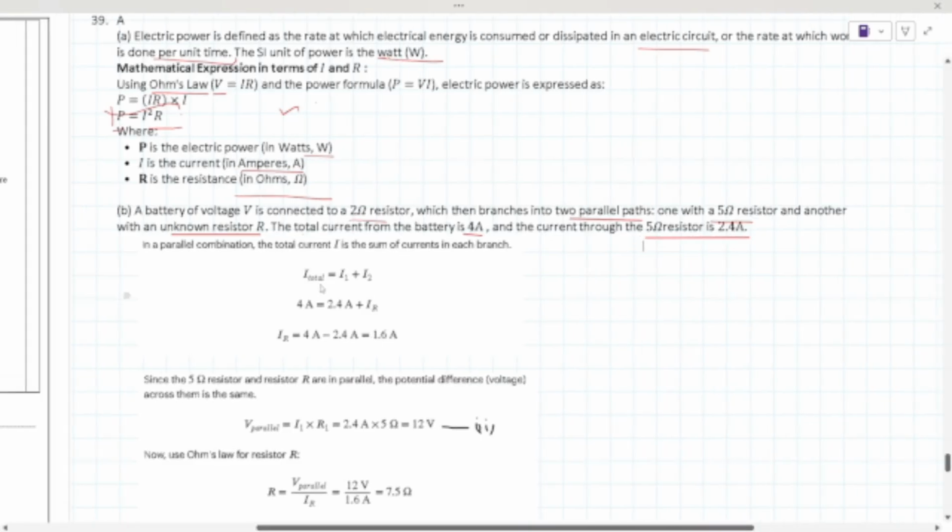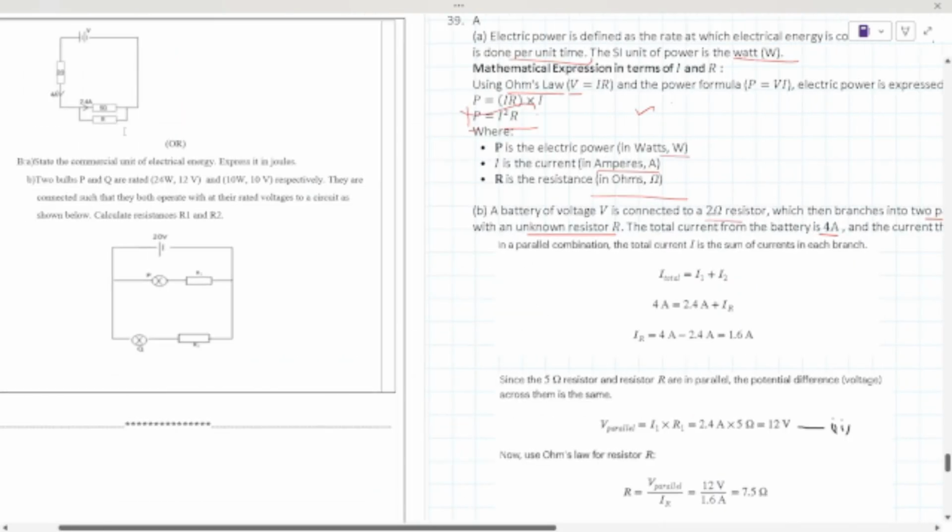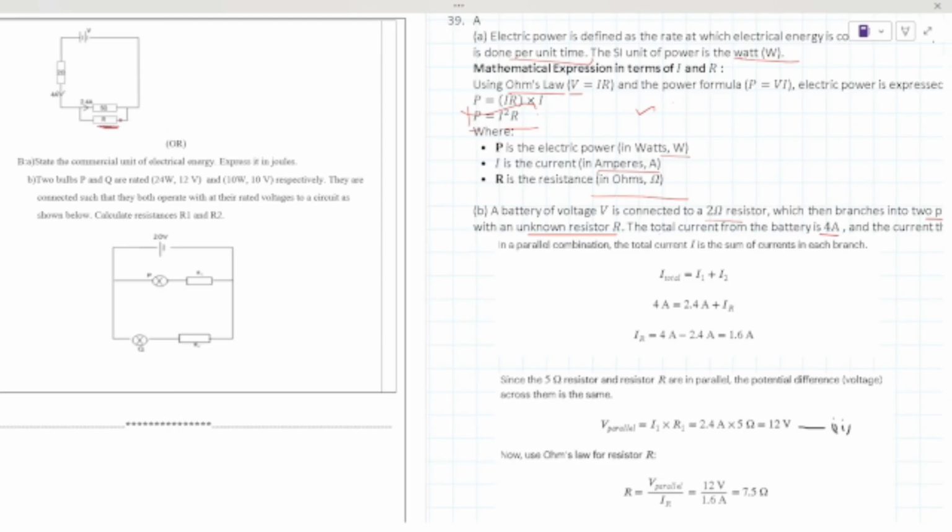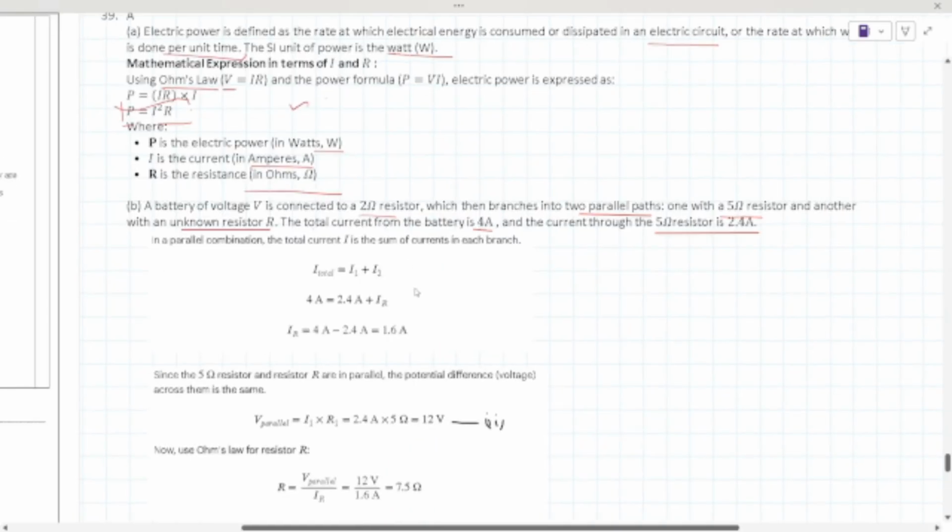Find the current through the unknown resistance, which is in parallel with the 5 ohm resistance. Here I total equals I1 plus I2. I1 is 2.4 ampere, so I2 will be 1.6.